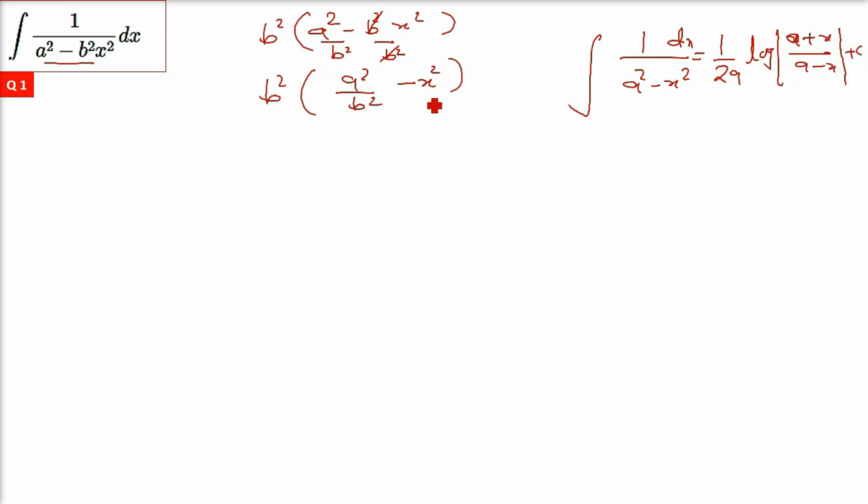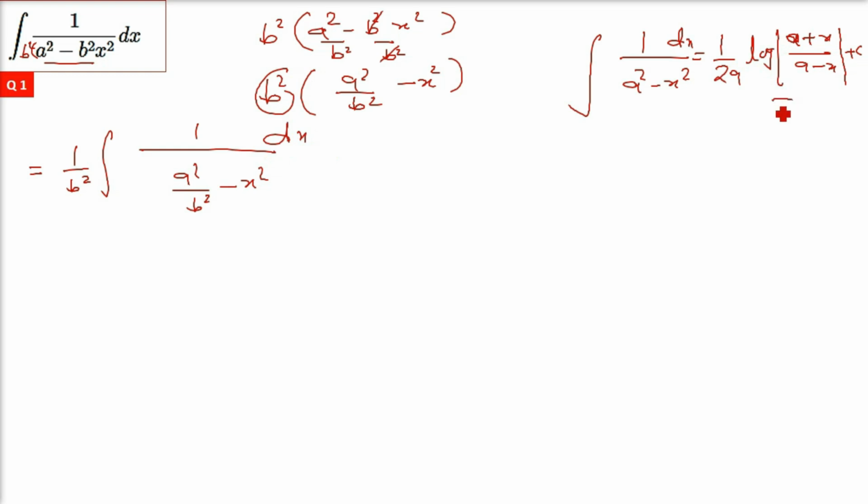B square into a square by b square minus x square is the denominator. So let's put this in the denominator. This b square was in the denominator, so just take this and write it as 1 by b square. When you take this 1 by b square, you are left with this a square by b square minus x square. This can be directly employed because we have a direct formula which I just mentioned. 1 by b square, and this multiplied by 1 by 2a.